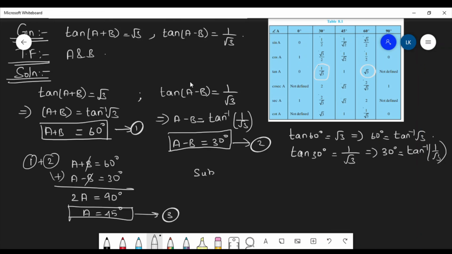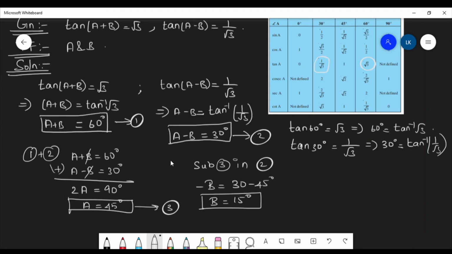Substitute equation number 3 in equation 2. Therefore, minus B is equal to 30 minus 45 degrees. Therefore B is equal to 15 degrees. Hence the result.